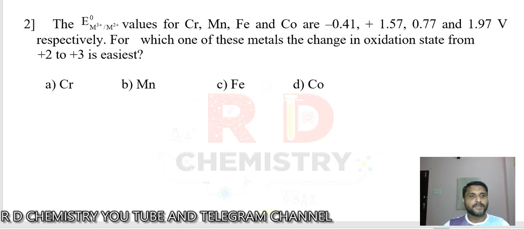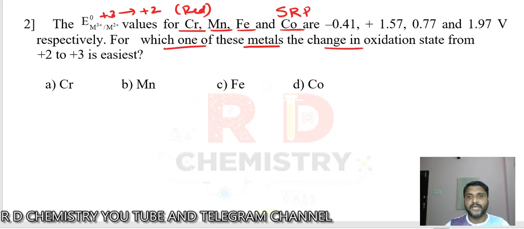Question number 2. The E naught from +3 state giving the +2 state. That means this is a reduction, for chromium, manganese, iron, cobalt. They are given the SRP values because it is the reduction reaction, +3 becoming +2. Now, for which one of the metals is the change in oxidation state from +2 to +3 the easiest? That means oxidation should be the easiest.